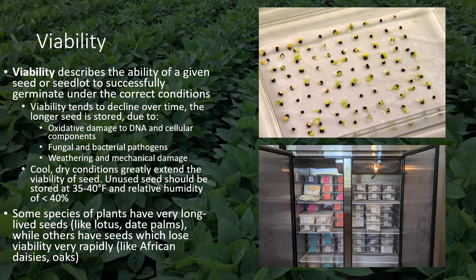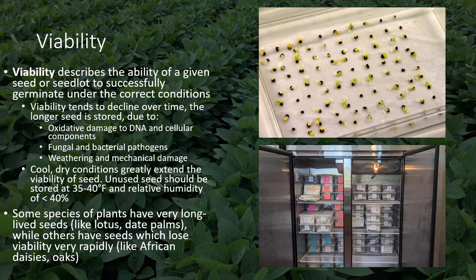So viability describes the ability of a given seed or seedlot to successfully germinate under the correct conditions. So a seed is considered viable if, once you've provided all the correct treatments and conditions, it is capable of germinating. Viability is one of the most important aspects of seed quality.